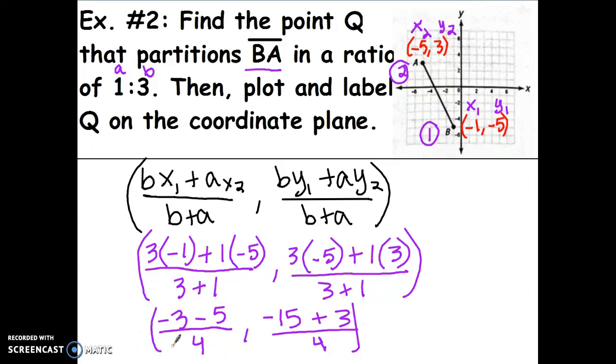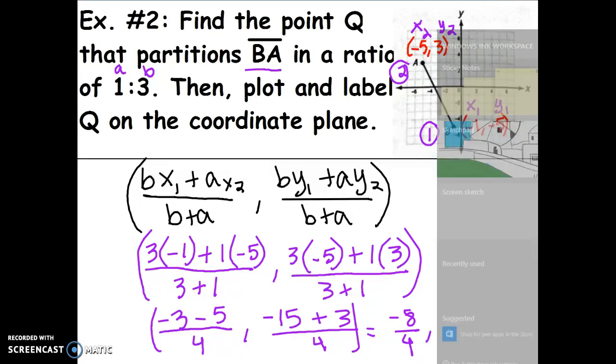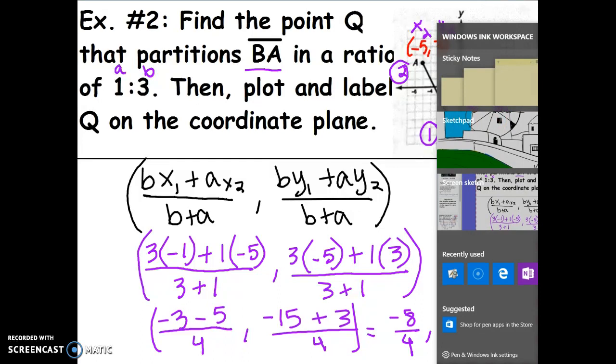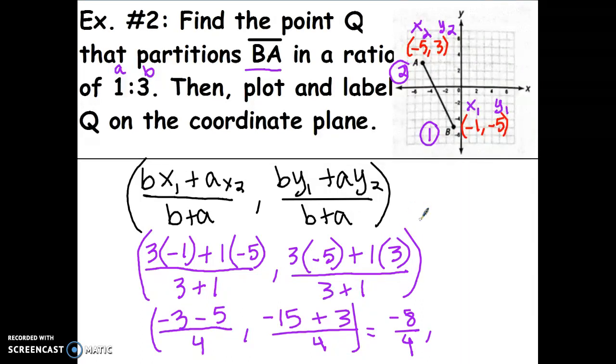Now all we have to do is simplify our numerators by combining like terms. -3 minus 5 gives us -8 over 4. And -15 plus 3 gives us -12 over 4.